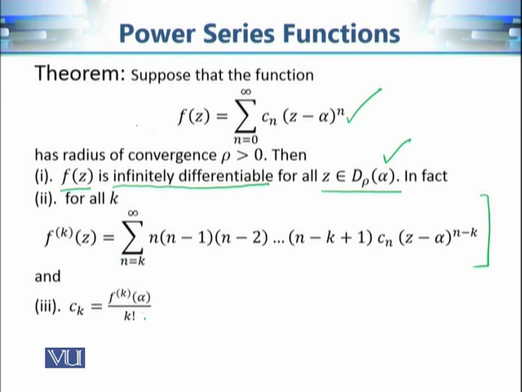The third part says that we can in fact find the values of these Ck's using the formula given here. These are all three relevant questions if we want to calculate the derivative of a power series function. The first part guarantees when it exists, the second part calculates it, and the third part gives the values of this Ck.